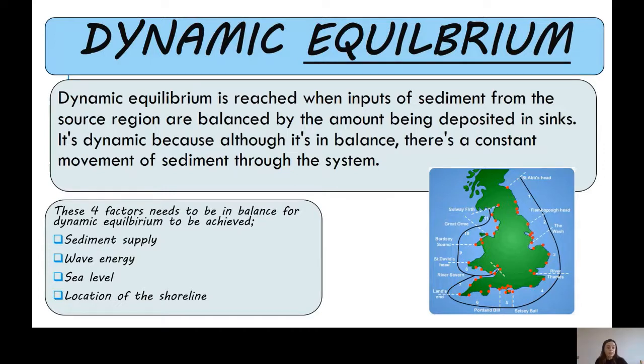So there are four main factors needed to be in balance for dynamic equilibrium to be achieved. You have sediment supply, so we need a constant source of sediment supply, wave energy, sea level, and location of the shoreline.